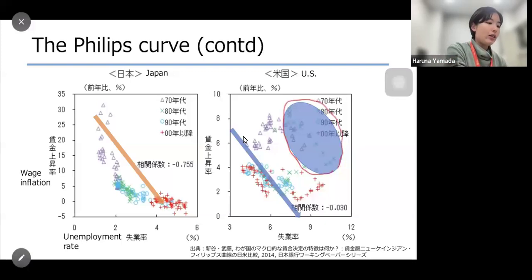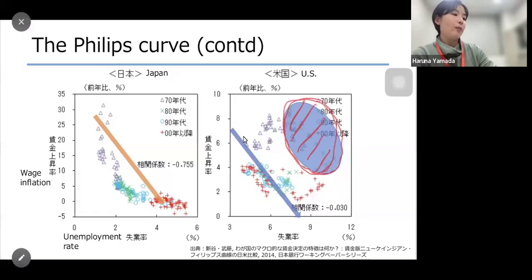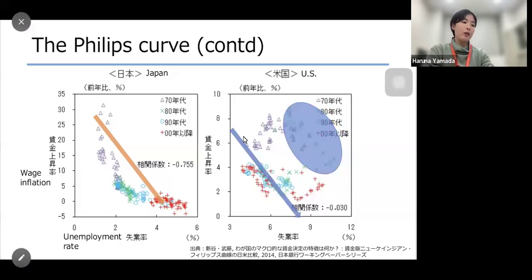So there is a region far away from the Phillips curve, and this region is concentrated on the 1970s and 1980s. What happened? In the 1970s, you already know that oil shock and stagflation occurred.